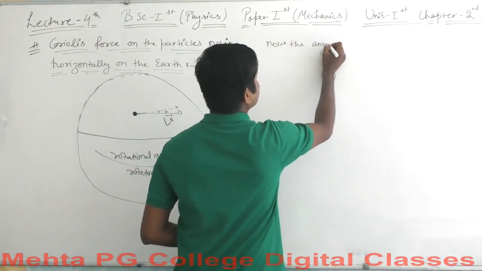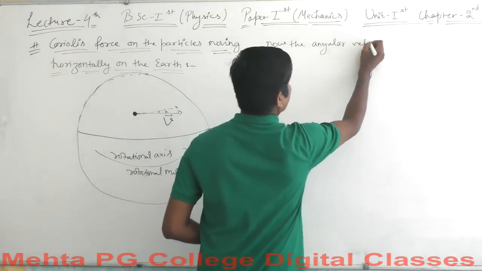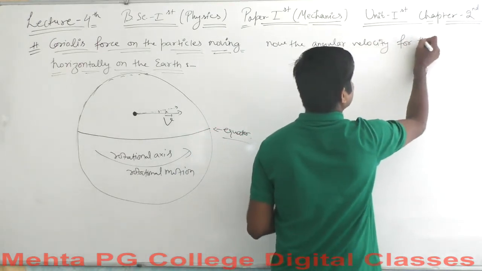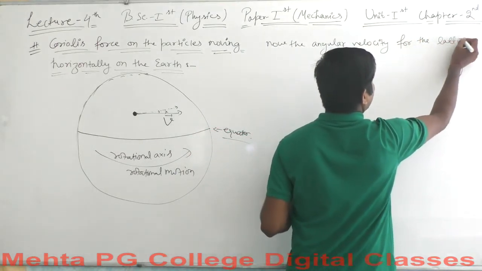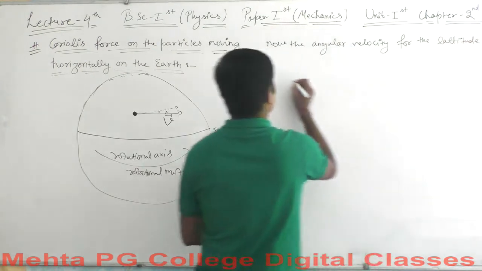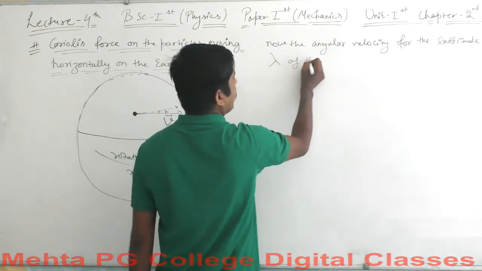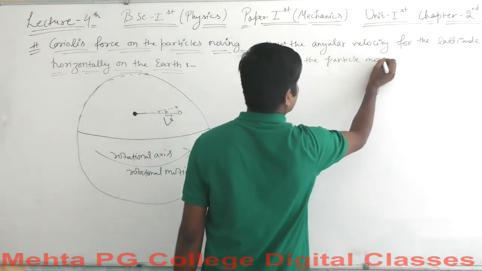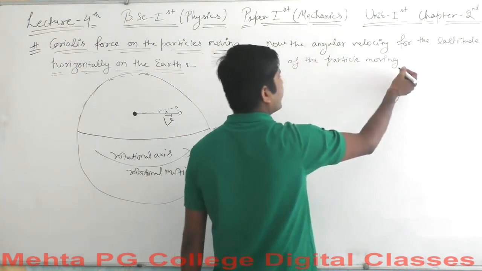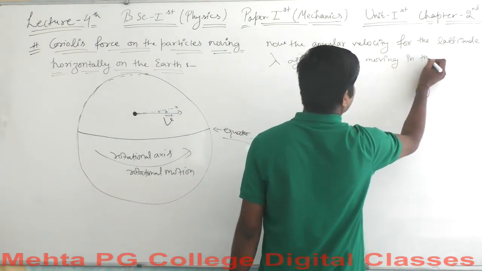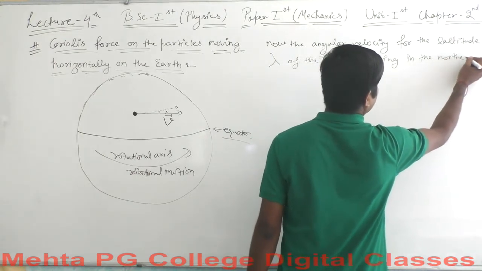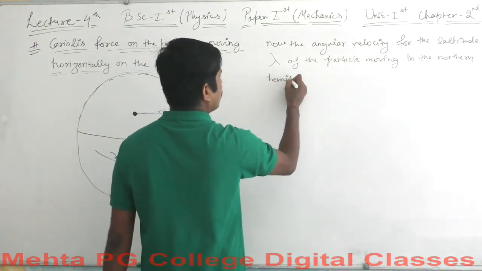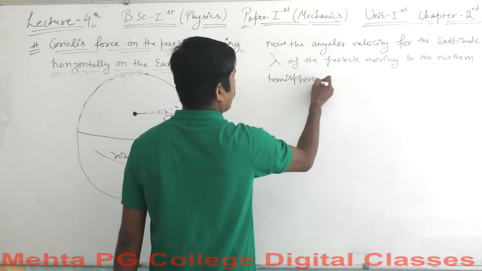Now the angular velocity for the latitude lambda of the particle moving in the northern hemisphere.